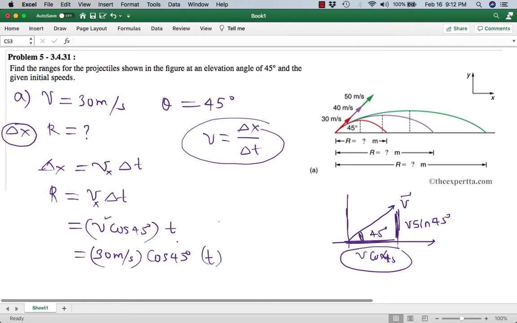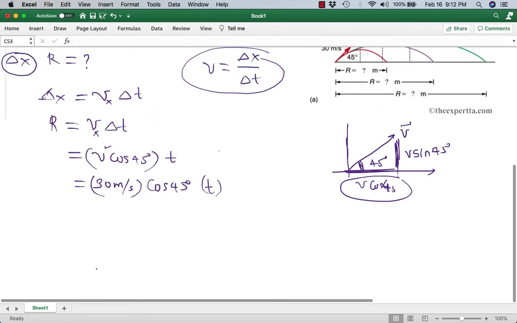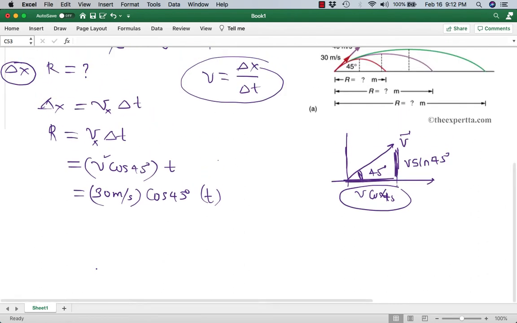So the way to find the time is to look at the vertical part. Okay, so for vertical motion, the initial velocity would be that.